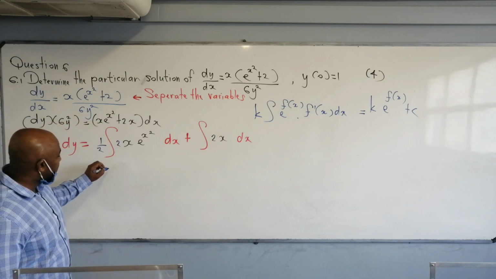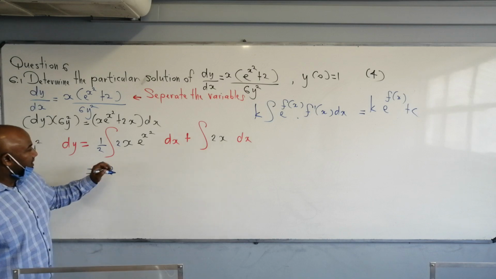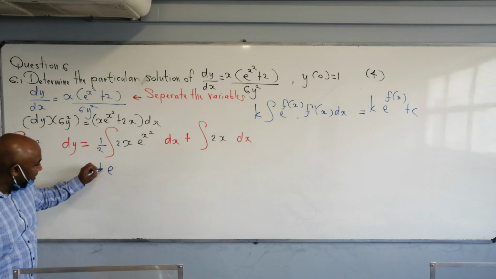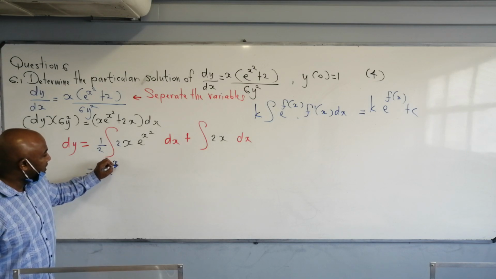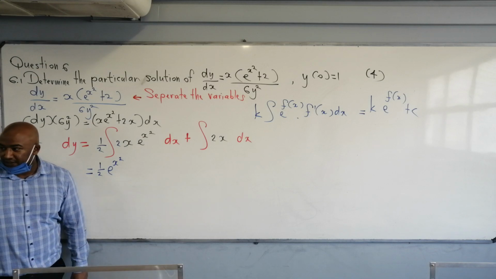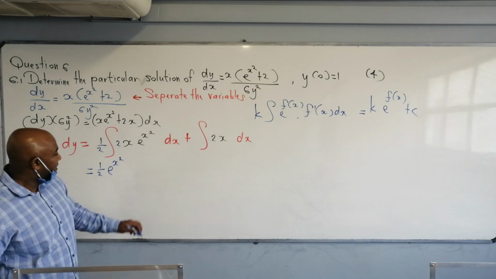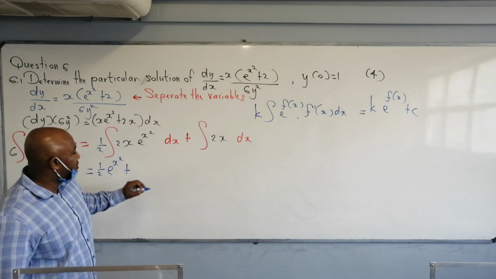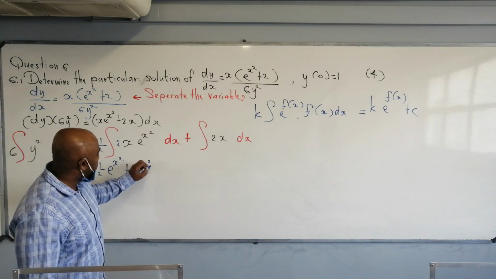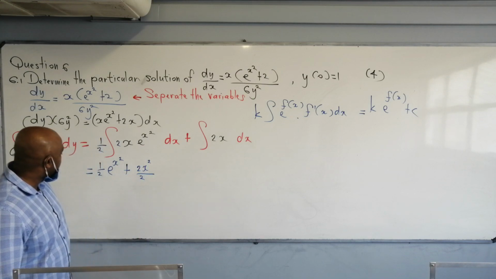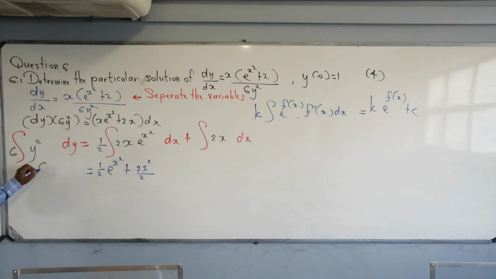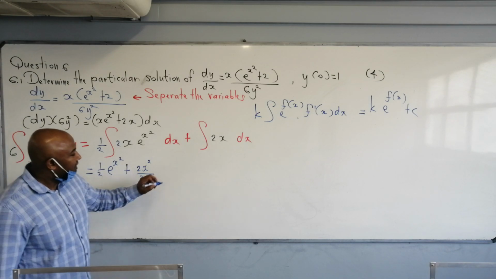So this is equal to k there, which is half e to the power x squared. Right, that's inspection. If I integrate 2x, that will be 2x squared over 2. Left hand side, 6y to the power 3 over 3.